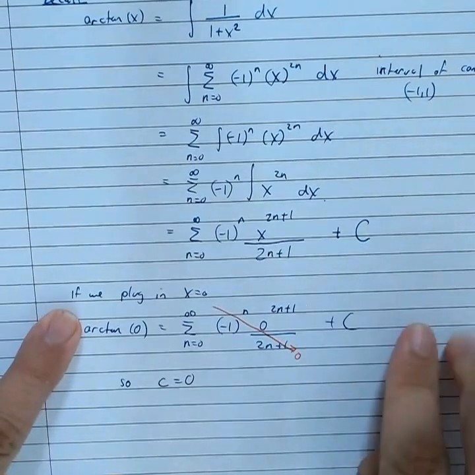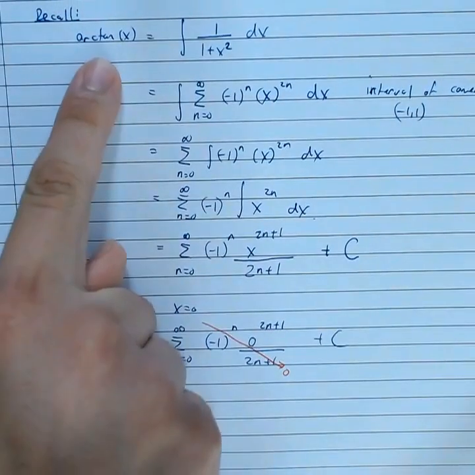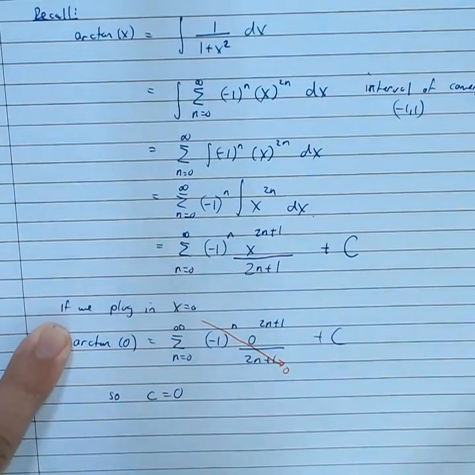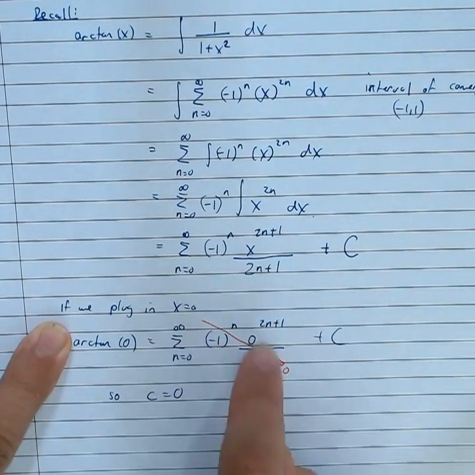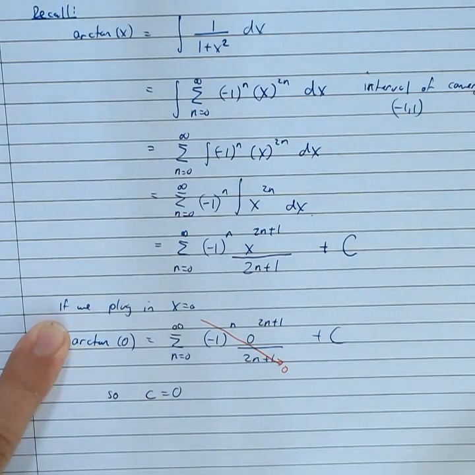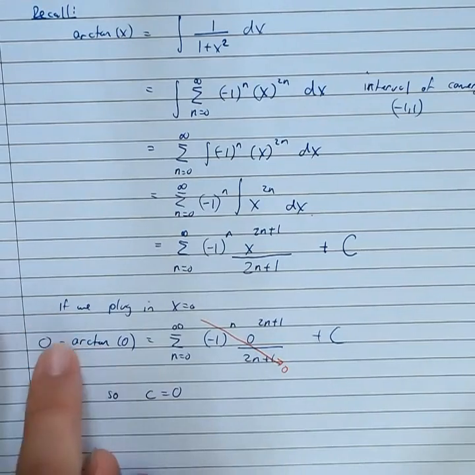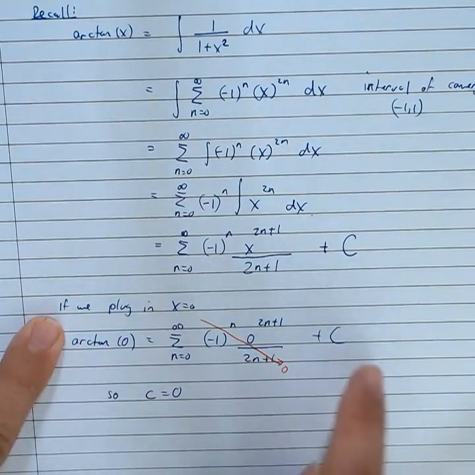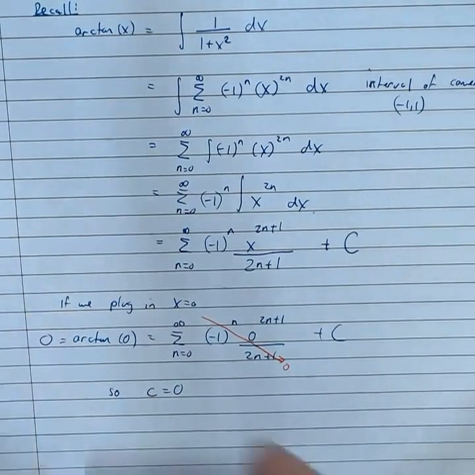All we did was we took our power series from before. Arctangent of x is equal to that power series plus C. Okay, now plug in 0. Well then, when you plug in 0, that whole thing becomes 0. So all you're getting is that the arctangent of 0 is equal to that constant. But since the arctangent of 0 is 0, then that means that constant must also be 0.